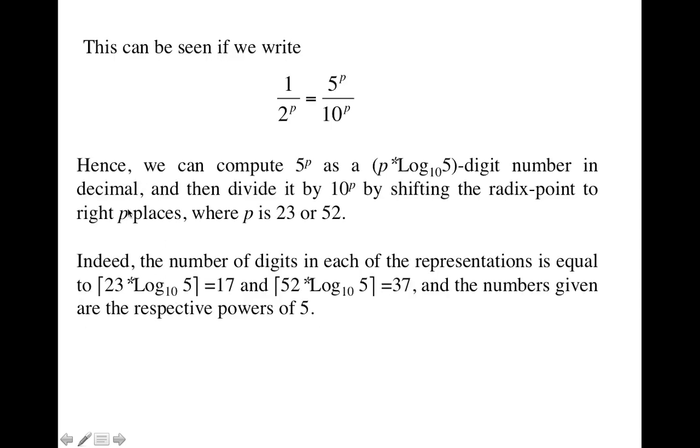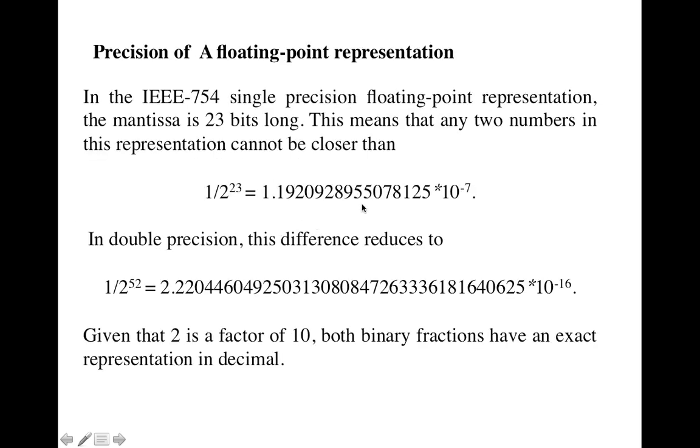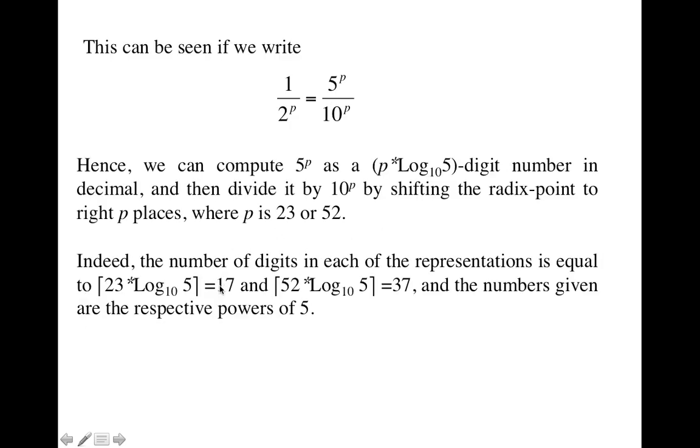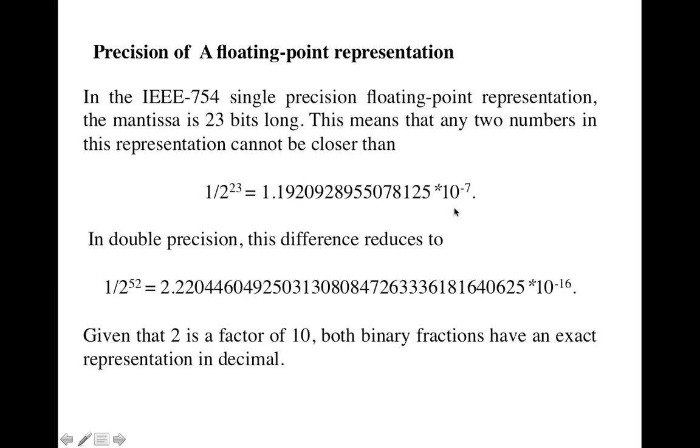So same way you could do this with the p-value being equal to 23. In that case, of course, as we worked out earlier, that was 17 digits. And this, of course, you have to do with respect to the number of mantissa bits, which is equal to 23.